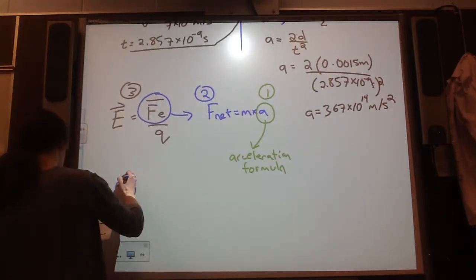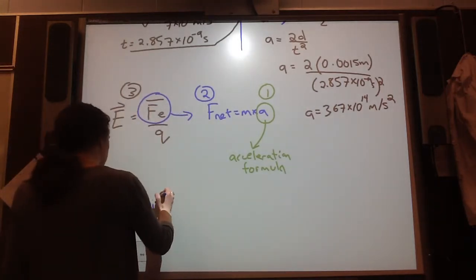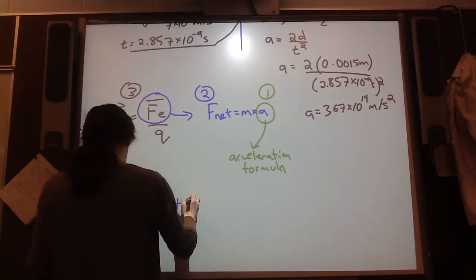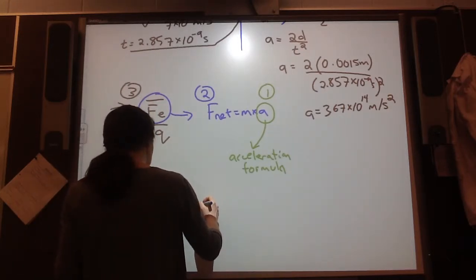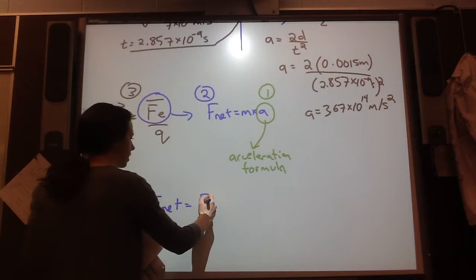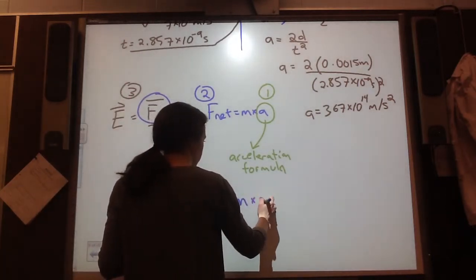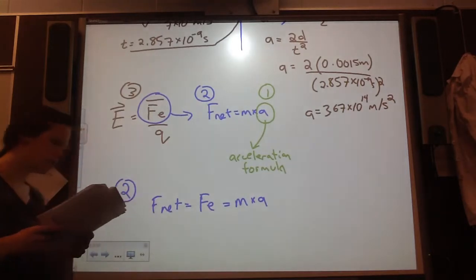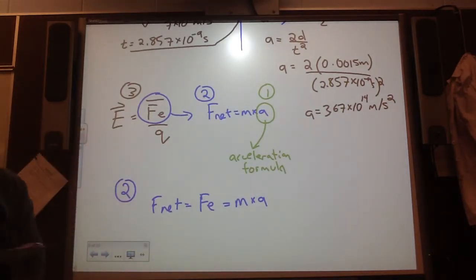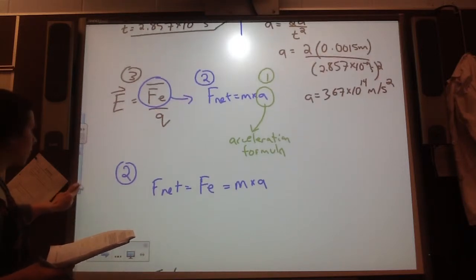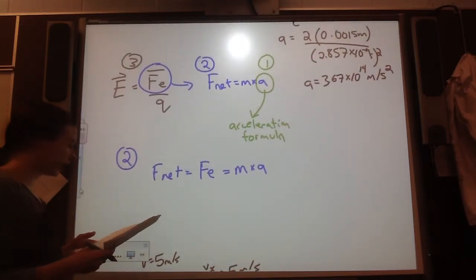So now step 2, F net is equal to Fe, because of the assumption we made prior, is equal to mass times acceleration. Now this is the mass of an electron, so you find that on your data sheet: 9.11 times 10 to the negative 31.